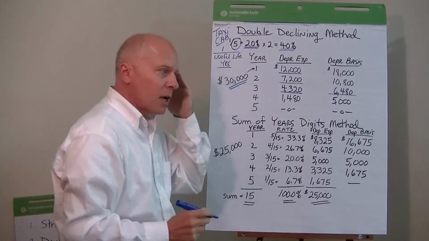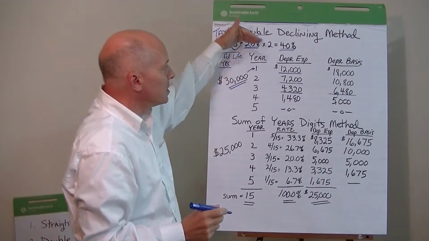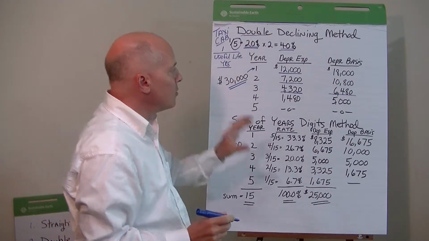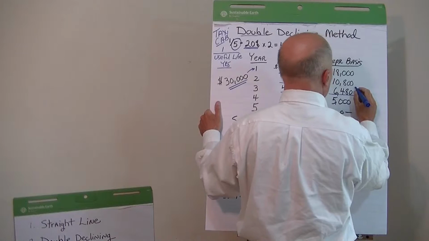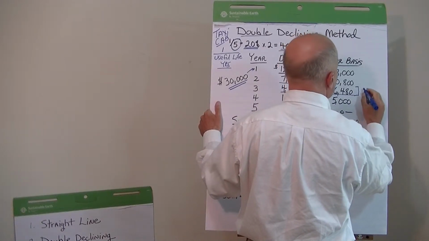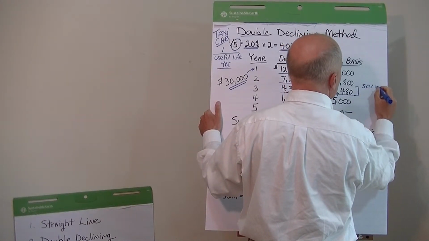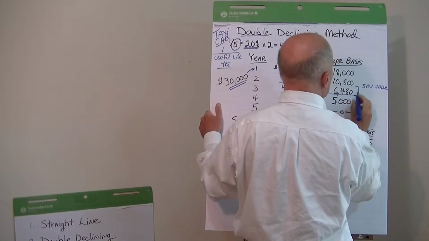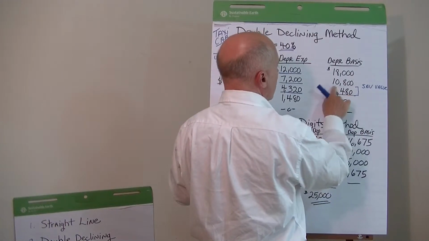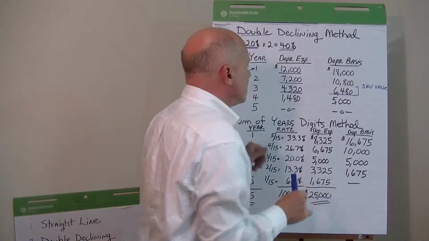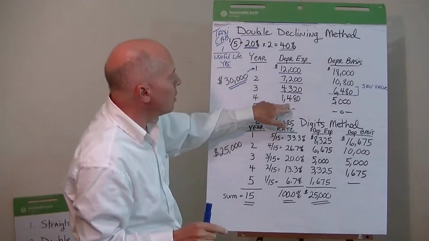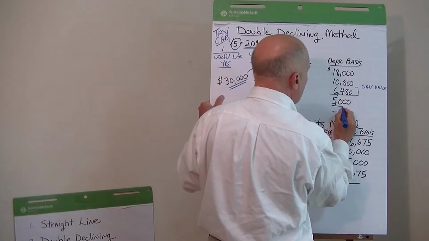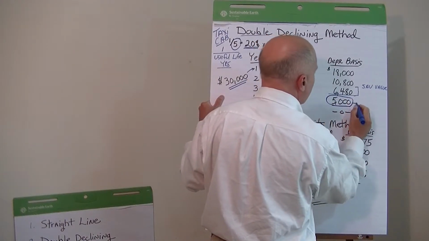One of the things you have to keep in mind when you use these accelerated methods of depreciation, if you have salvage value involved, as you compare this depreciable basis to your salvage value and they get close, you would not take 6,480 times 40%, because it would give you a very high number that would actually write off the asset below its salvage value.